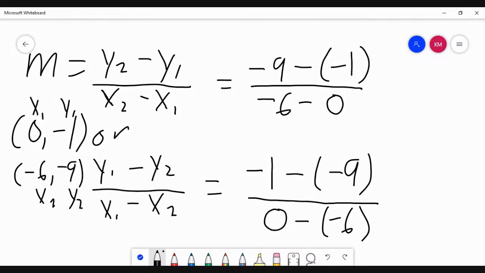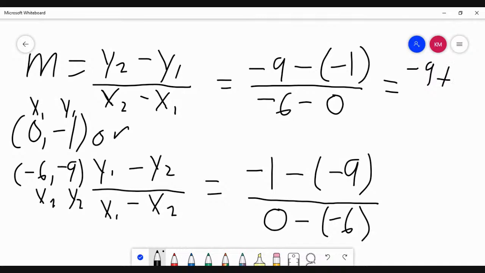Now, whichever one you do, as you notice, y2, y1, x2, x1, or y1, y2, x1, x2, it's consistent. Now, to solve the top one, I have -9.